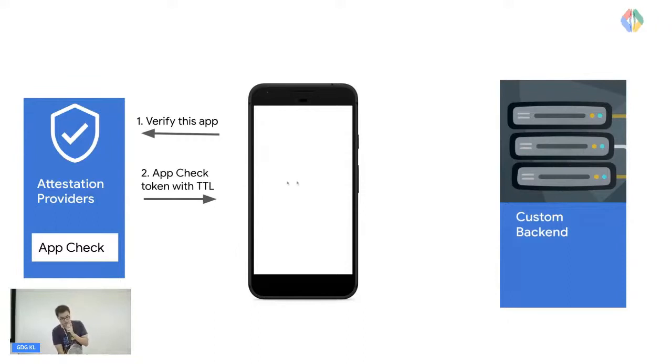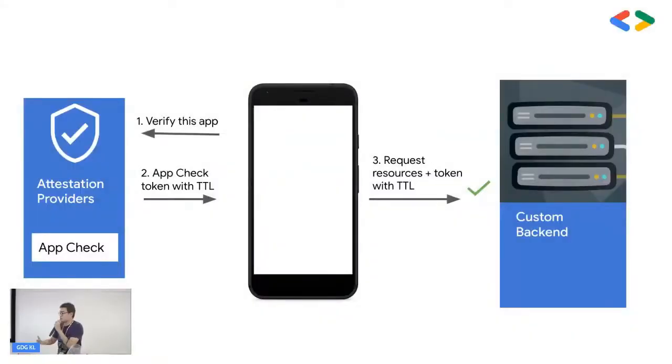Now, your token needs to be sent to your backend, but your backend does not know what to do with this token. I see this token, and I'm supposed to do something with it to make sure that it comes from a real resource, right? So if you configure it correctly, your backend should accept the token wholeheartedly without prejudice, and it should process your requests.